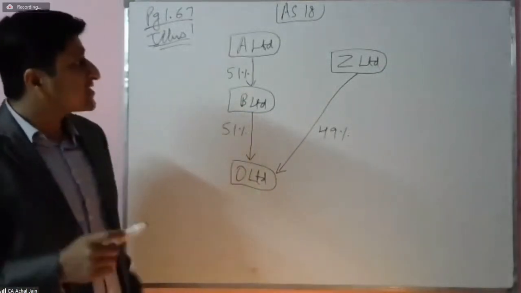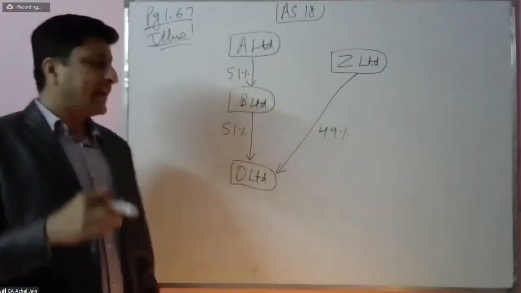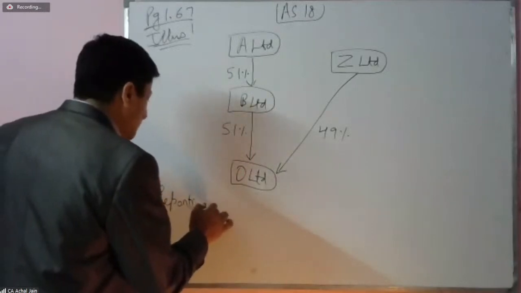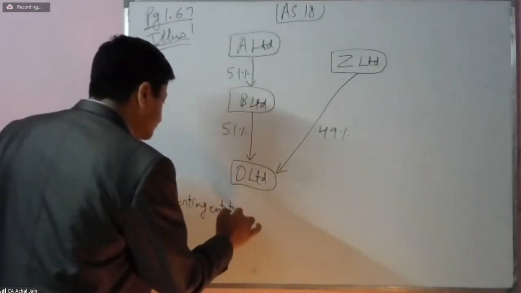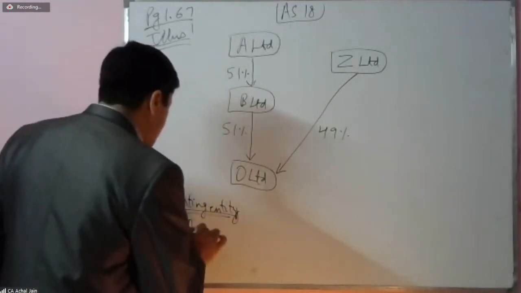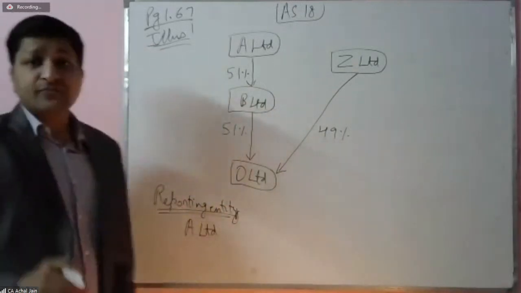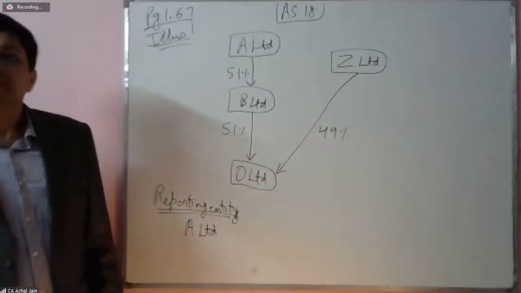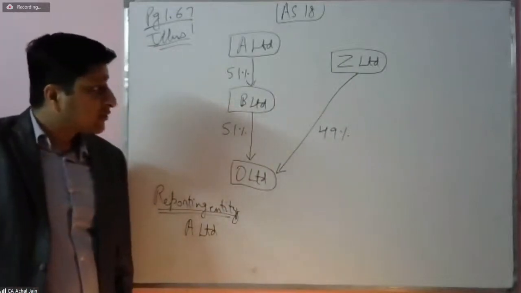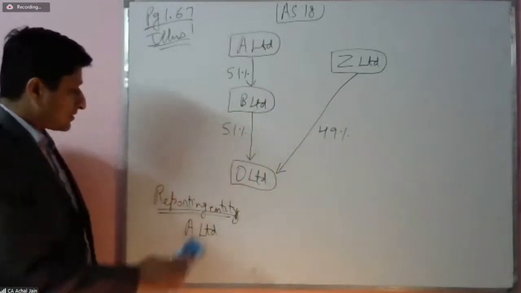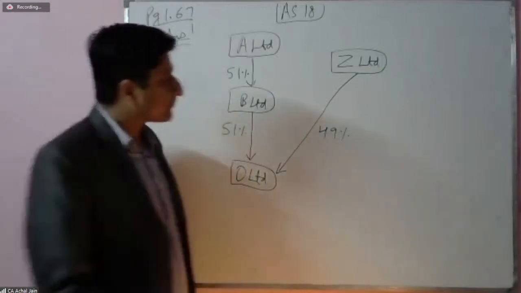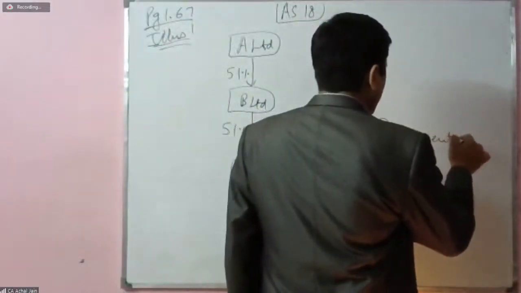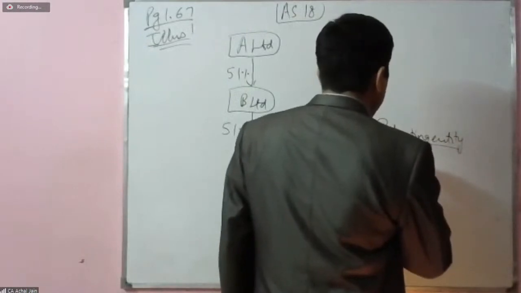Let's suppose the reporting entity is A Limited. For A, we need to check who all are related to A. The reporting entity for us is A Limited.